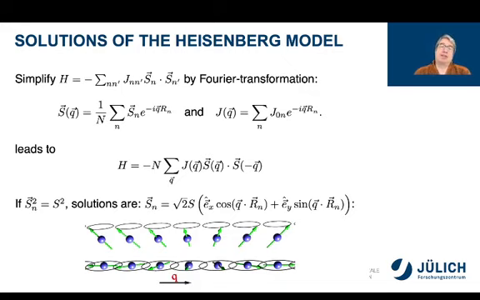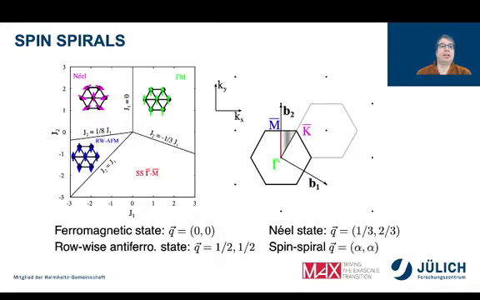And then you get the corresponding model in Q space, and there you can see directly that this has solutions which behave like the spin spirals we just discussed before. And therefore, the spin spirals are very useful.